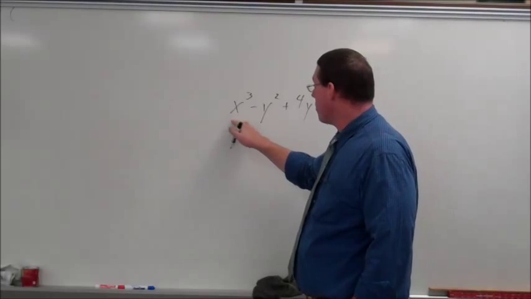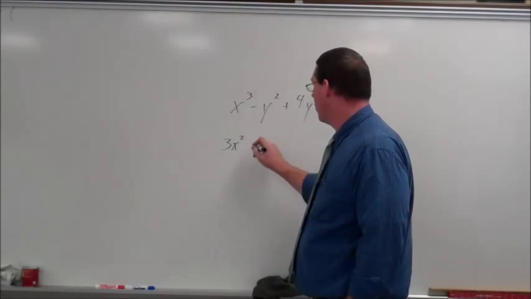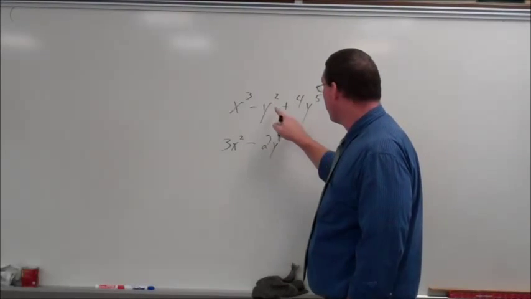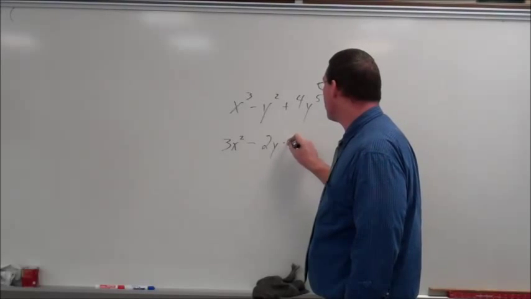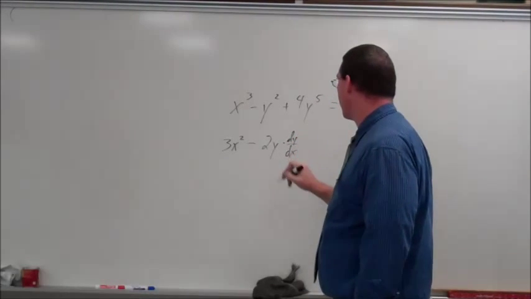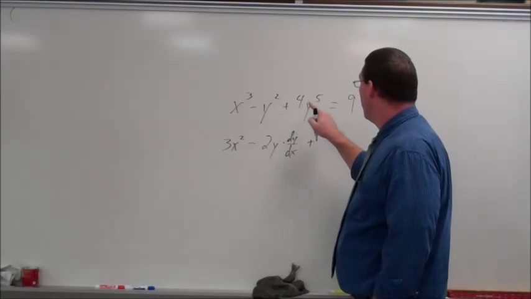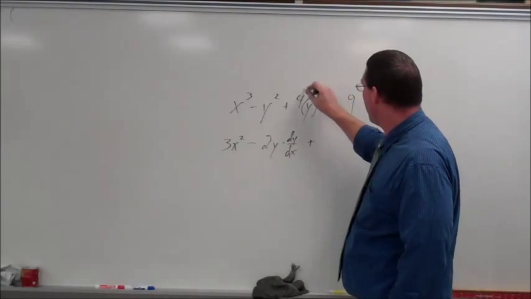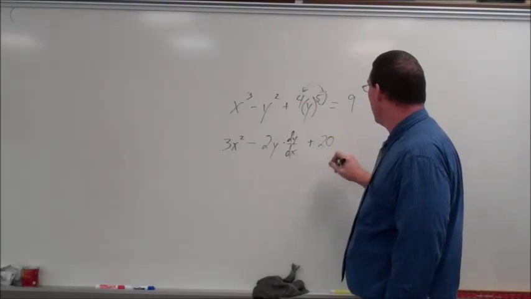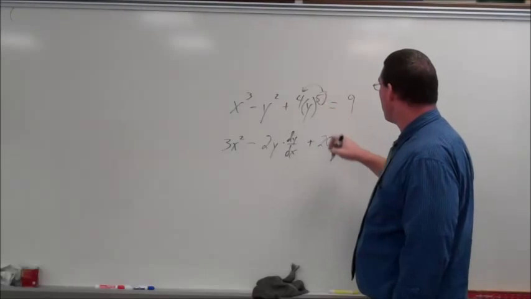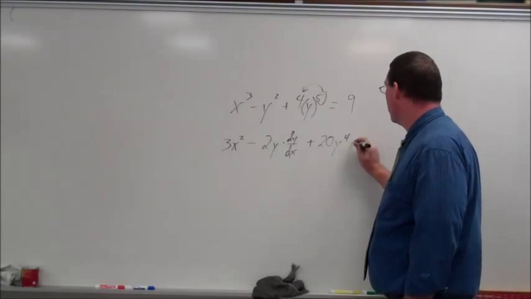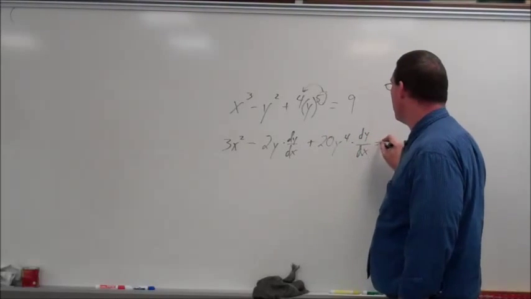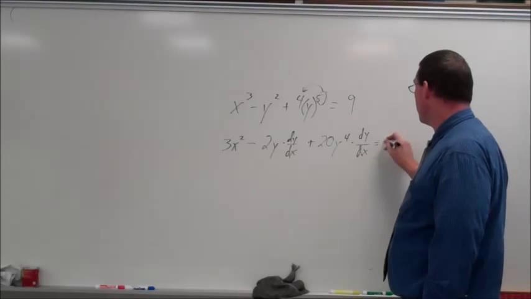When I do the derivative of this term, that's easy, 3x squared, minus the derivative of this term is 2y, that's the derivative of the outside, times the derivative of the inside, dy dx, plus 4y to the fifth, well, we're going to do the derivative of the outside, 5 times 4, 20, leave the inside alone, reduce that to 4, 20y to the fourth power, times the derivative of the inside, which is dy dx, equals the derivative of a constant, which is 0.